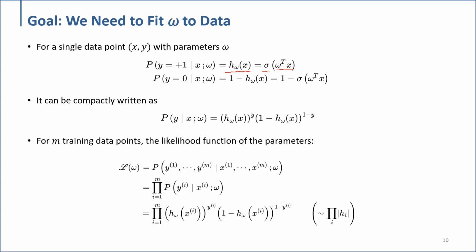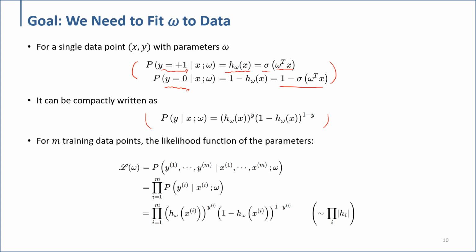The probability of class 0 is just 1 minus h omega, and these two formulas can be compactly written as a single multiplication.